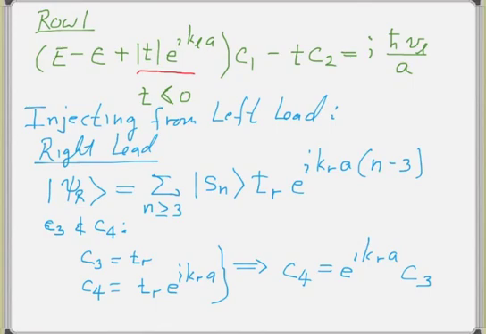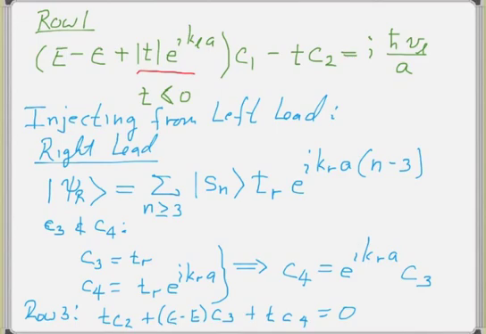And so the equation for row 3, which couples to C4, is t C2 plus epsilon minus E C3 plus t C4 equals 0.